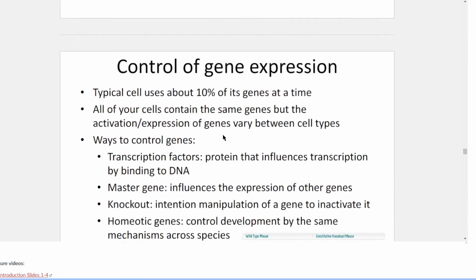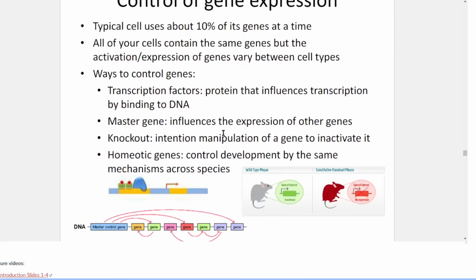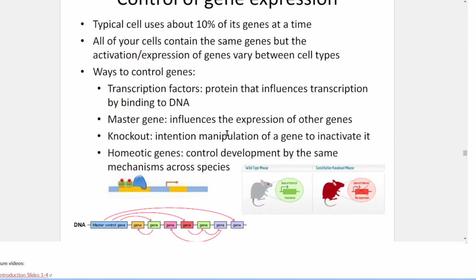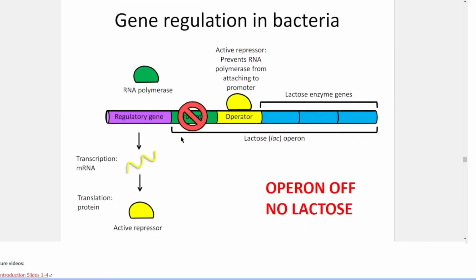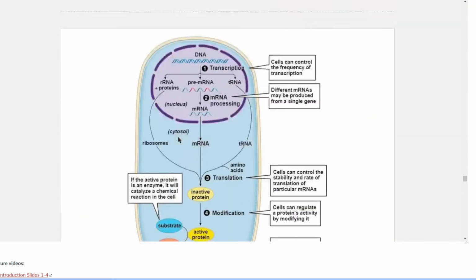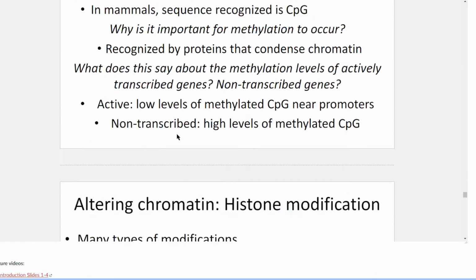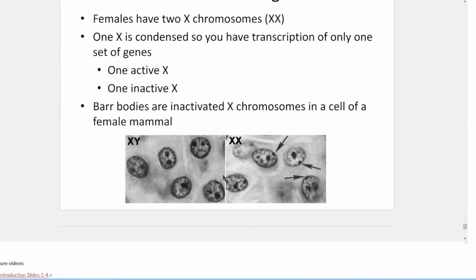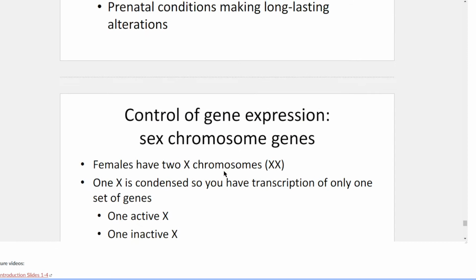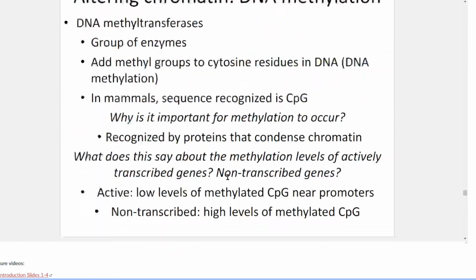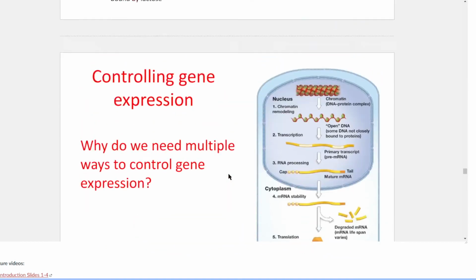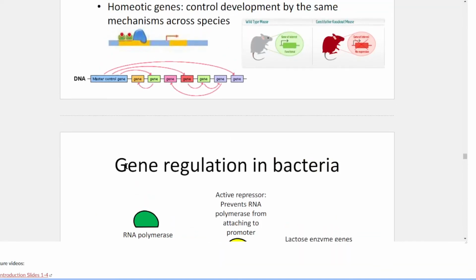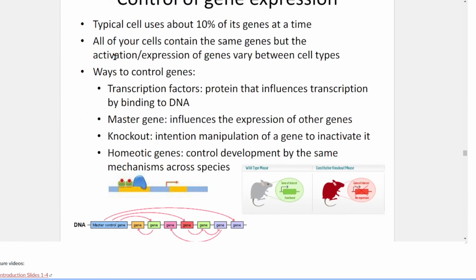Now let's talk about gene expression. So, this is a little confusing to me. Gene control. This is not fun. So let's talk about gene control. In bacteria, typical cells use 10% of their genes at a time.